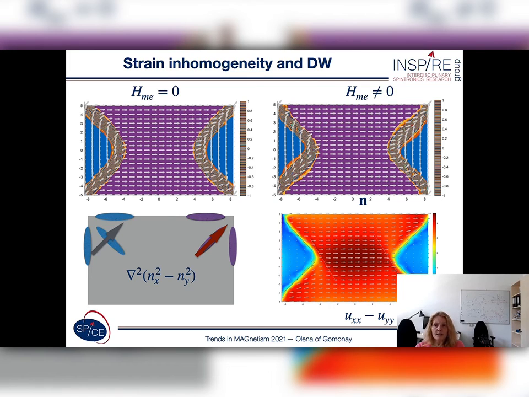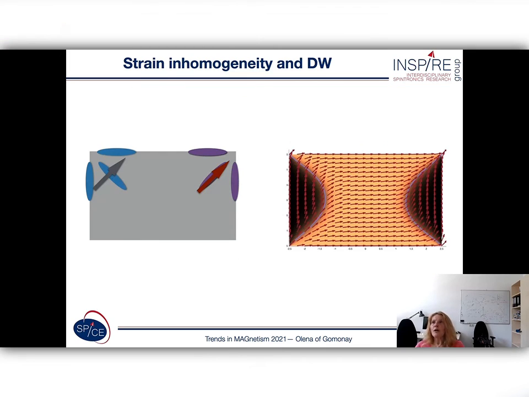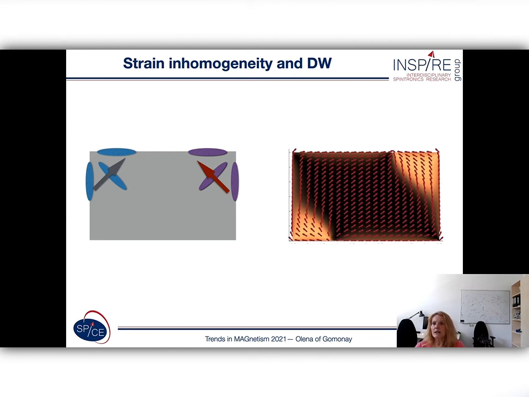Such partial disclinations affect also the growth of the domains, and this could be seen in the other example. So instead of cutting the sample parallel to the easy axis as shown here, we now cut it in such a way that the edges are parallel to the hard axis, and the Néel vector tends to be oriented at 45 degrees with respect to the edges inside the sample.